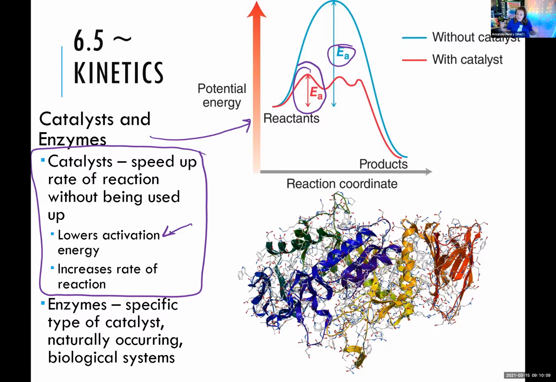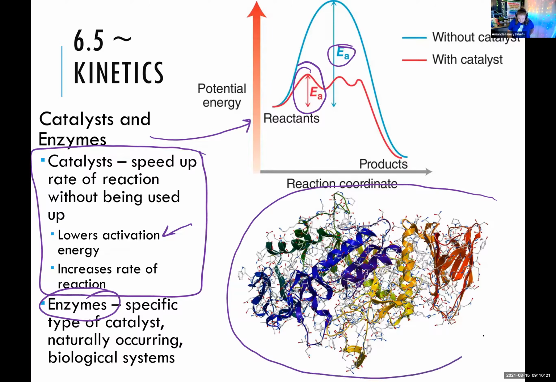We have catalysts in us all the time. Enzymes. Enzymes are a specific type of catalyst. They are naturally occurring. So this is this giant molecule here. This is amylase. So it turns starch into sugars in our body. So this is what a biochem molecule looks like. So you can see tiny little rings over here, or even just the little zigzag shapes that are in the middle there.